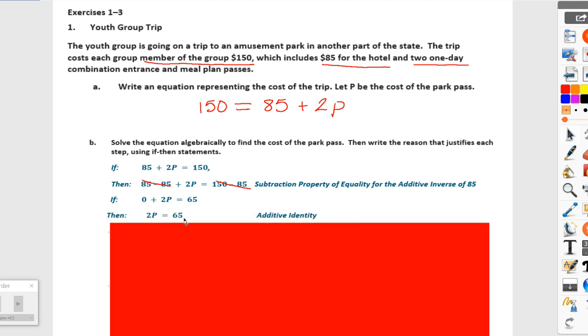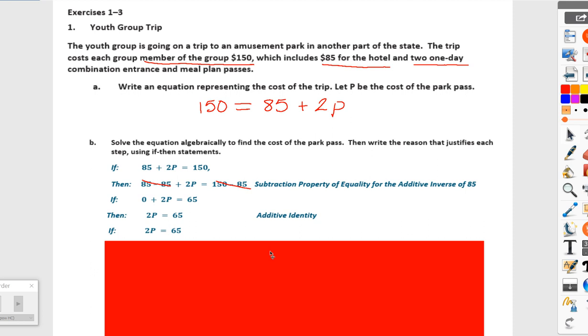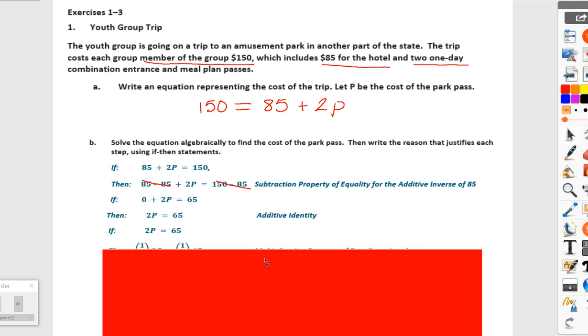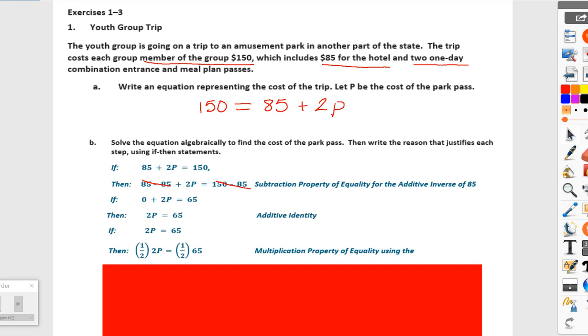2p is 65. That's the additive identity, meaning that 0 is not going to change what we had, so we don't need it. So if 2p is 65, then we can multiply both sides by 1/2. Notice right now this is a 2 over 1, so that's where we're getting the 1/2. We're multiplying this side by its reciprocal, and that's our multiplication property. If we're multiplying the left side by 1/2, we're multiplying the right side by 1/2.